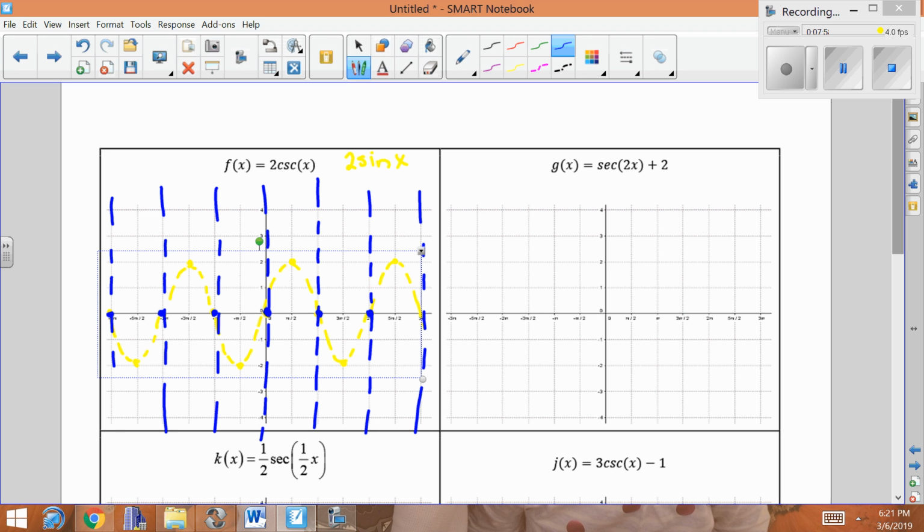And because this one had an amplitude change to it, that's going to affect our relative maxes and mins all along the way. But again, notice those peaks and valleys, those are still going to be the same points on your sine and on your cosecant and your secant graphs there.